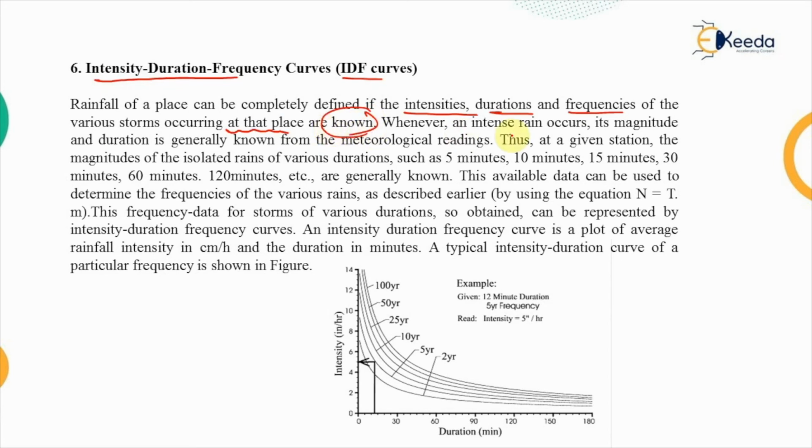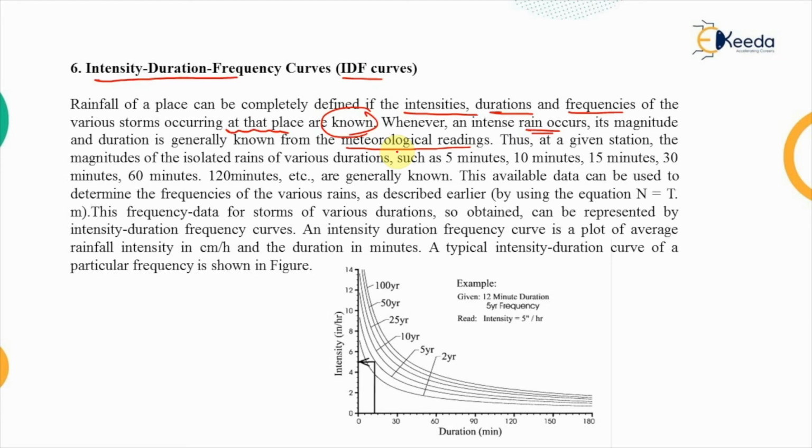When an intense rain occurs, its magnitude and duration are known from the meteorological readings. So for the magnitudes and durations, we already have the data. Now this data can be used to determine the frequencies of the different rains.